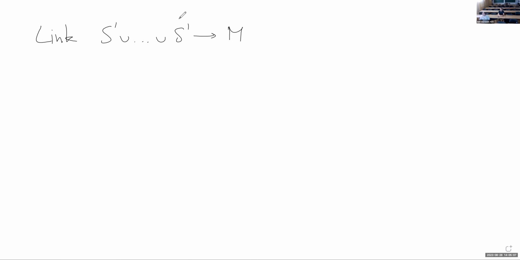They may be compact or not, may have boundary or not. And so this is a link of n components. And a link of one component is a knot.